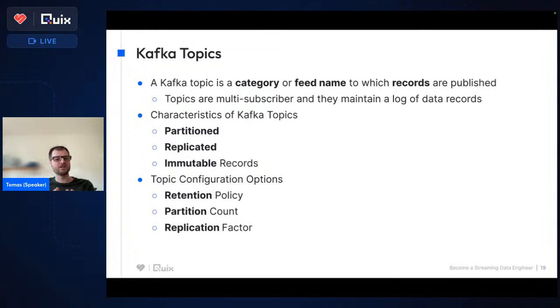Now, a topic can be subscribed to by multiple consumers and also multiple consumer groups, which I will explain in a second. And each topic maintains a log of data, which means that every record you publish to this topic will remain there for a specified amount of time, which is very useful when you have any sort of restart or hardware failure in your architecture.